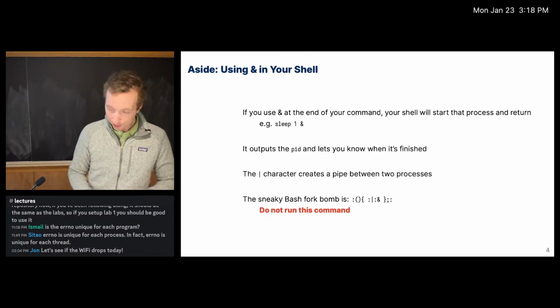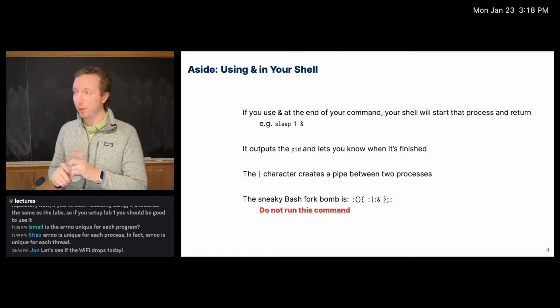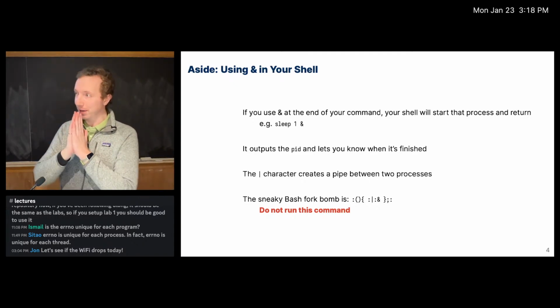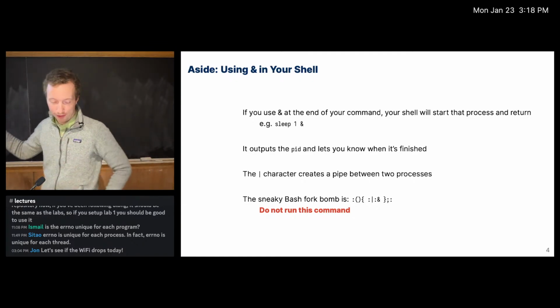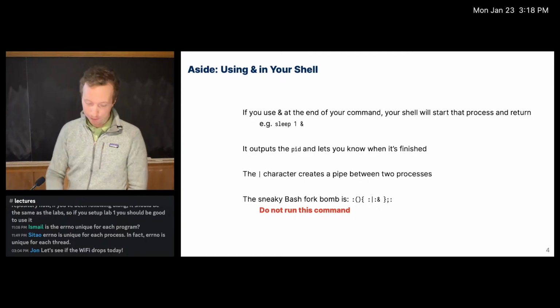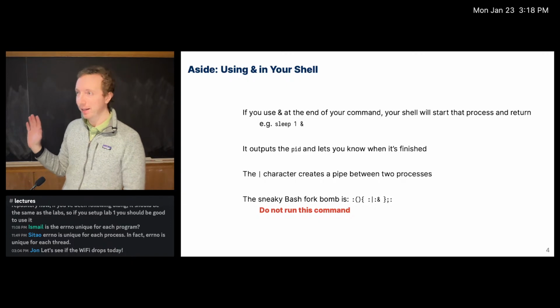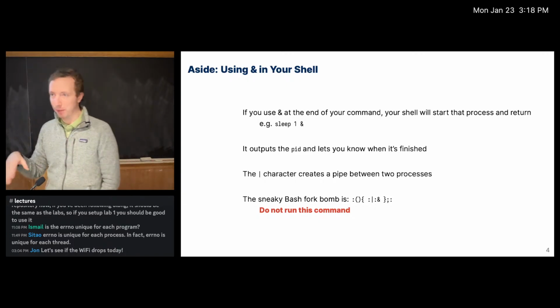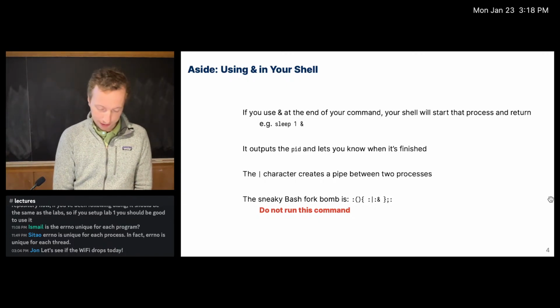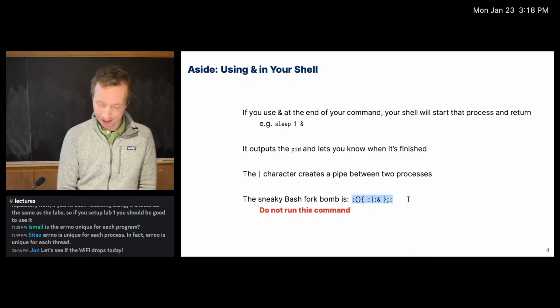Remember we talked about a fork bomb before, where you exponentially create more and more processes? Well, in Bash, you can create a command that will fool maybe your friend, maybe your not friend, into essentially fork bombing themselves, and that's what this does.